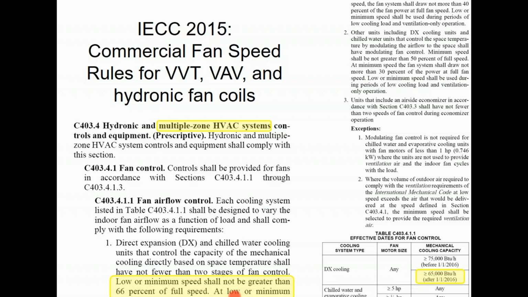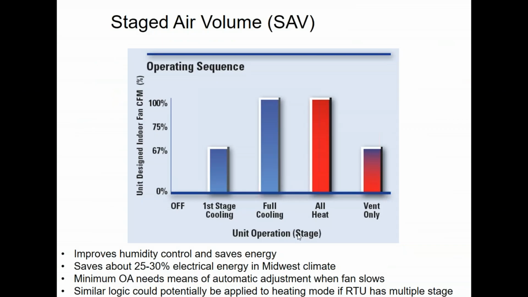You can push it and go farther and have a fully variable speed fan if you want, a VAV style fan, right? But at a minimum, you need a 2-speed fan, often referred to as staged air volume, SAV, right? So as soon as you have zoning, you need more than 1 fan speed, unless it's a really small system, 5 tons and under.